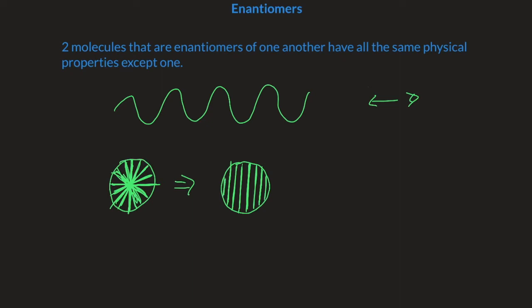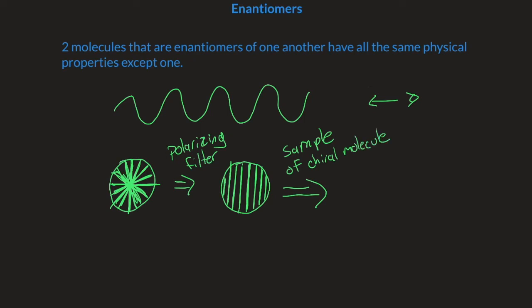So if we put that light through a polarizing filter like this, and we get it so that it is polarized in one direction, and then we pass that light through a sample that contains only one enantiomer of a chiral molecule, that sample would rotate that plane polarized light so that it's now coming out in some rotation away from where it was.